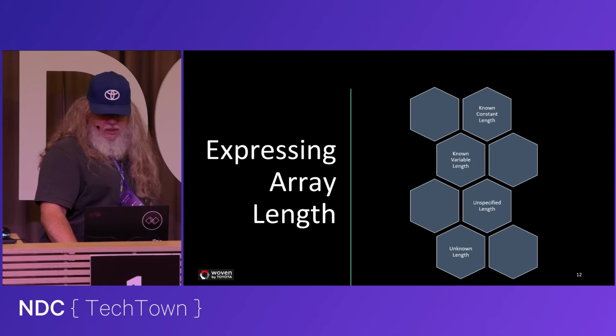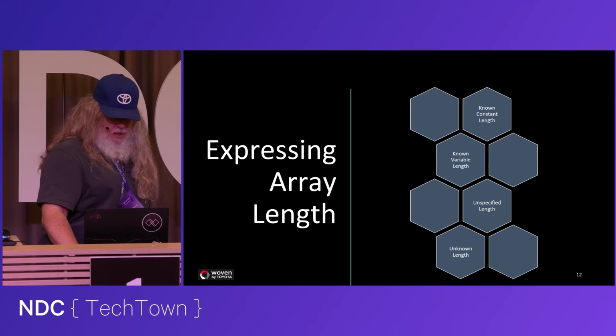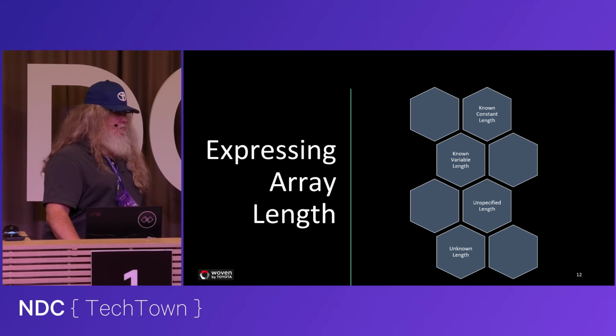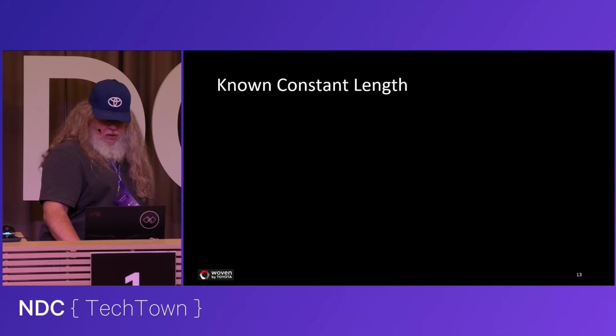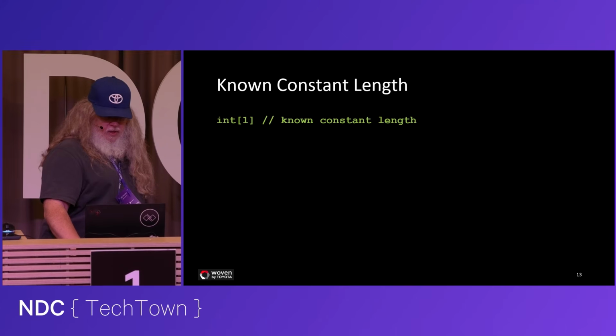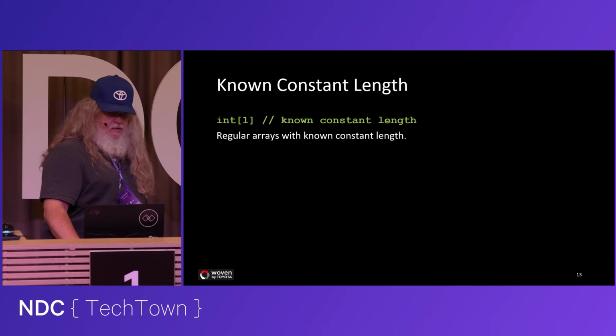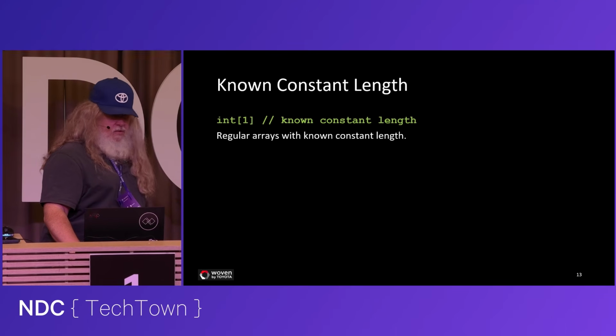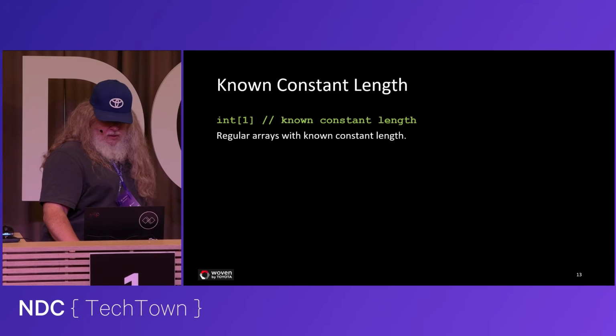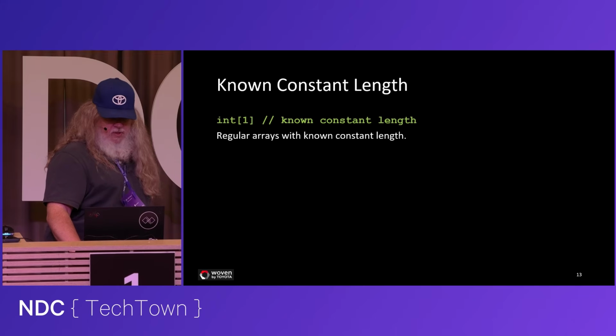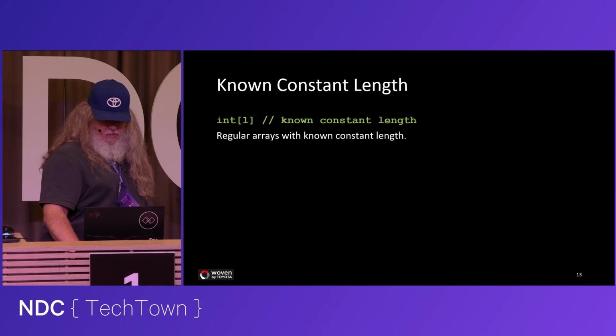When we're discussing arrays, an interesting part is that there are quite a number of ways to specify the size of an array. The first type of array we can have is an array of known constant length. This is probably the simplest and most common thing. This is also present in C++, but here you can have an array of one int element.